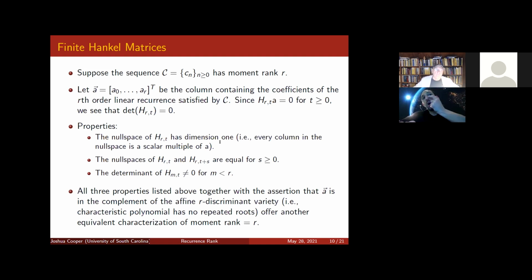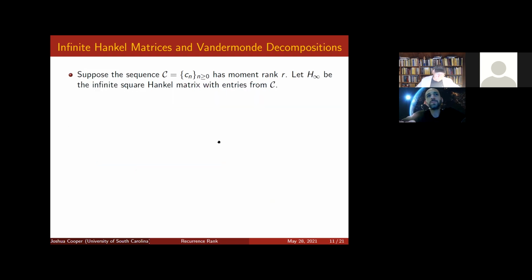So all three of those properties listed above, together with the assertion that A is in the complement of the affine R discriminant variety, this is just saying the characteristic polynomial has no repeated roots. That's another way to say that the moment rank is R.